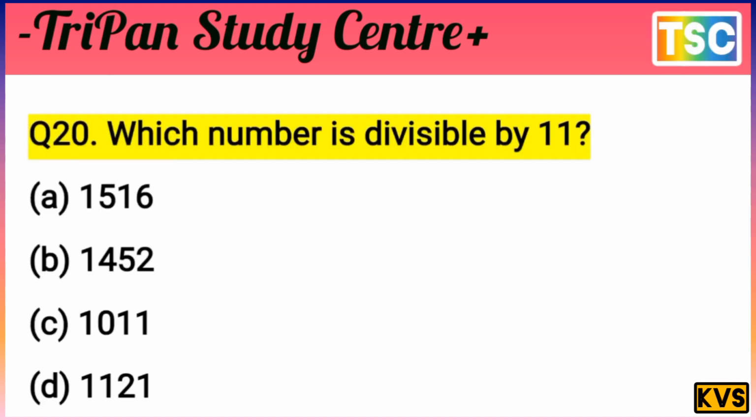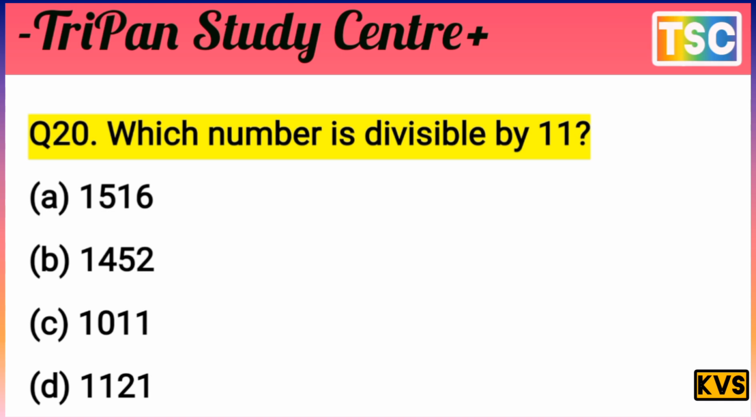On your screen, the next question arrives. It's important. Which number is divisible by 11? Come on, check your knowledge, open your textbook and solve this question. That's an important and easy question.